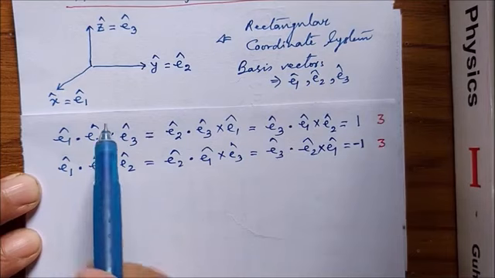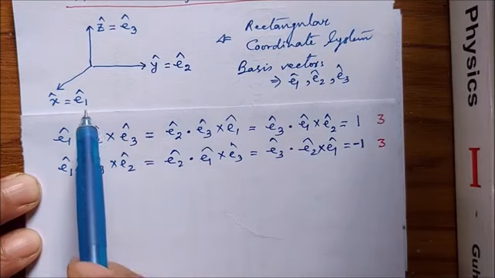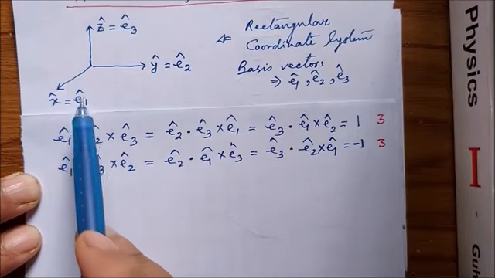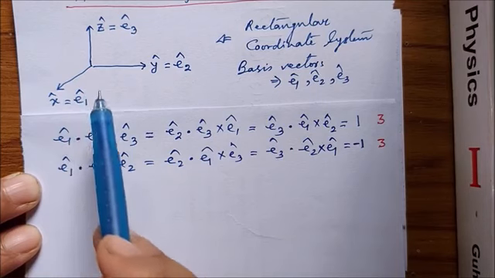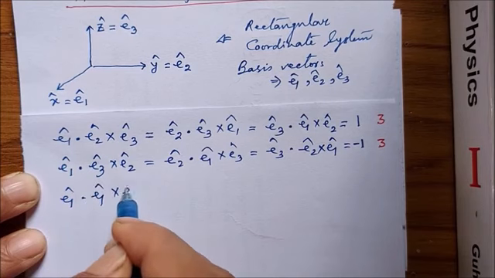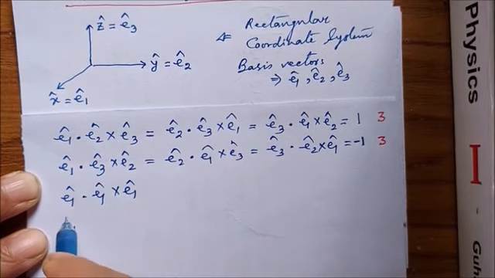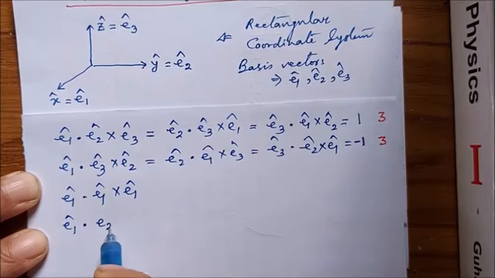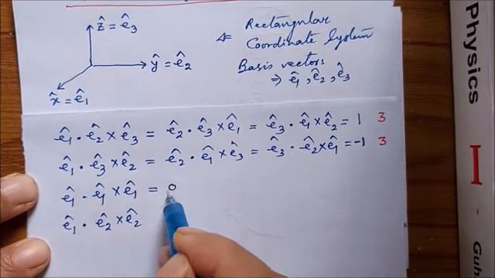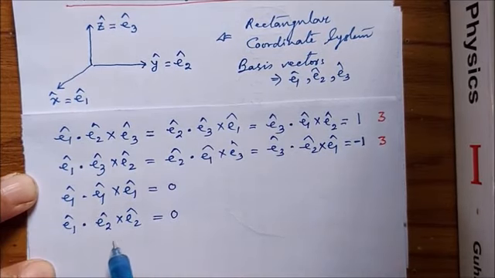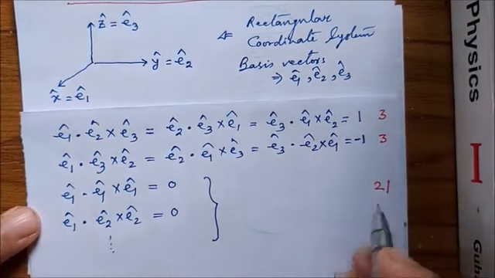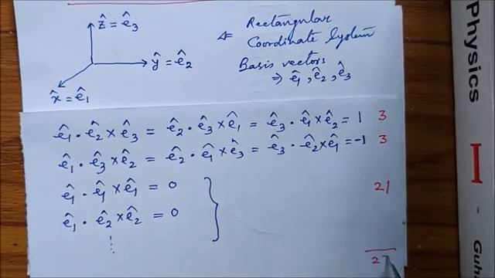We can also consider the scalar triple product that can be formed with the help of these basis vectors, picking up any one twice or any one thrice, as follows, and so on and so forth, and all these relations will give 0, and there are 21 such relations. So altogether there are 27 relations.